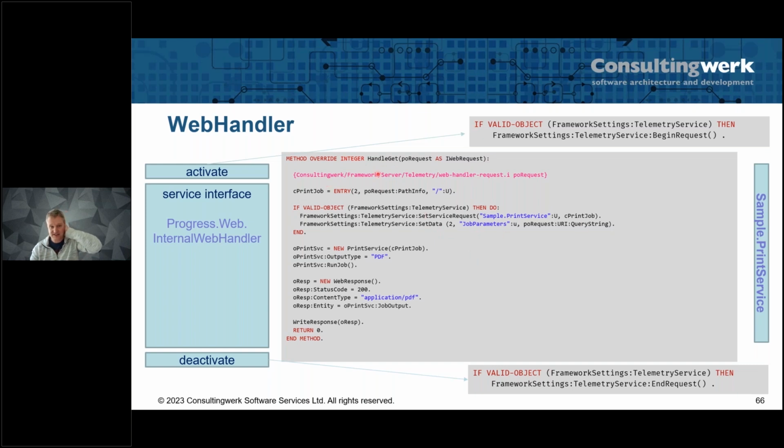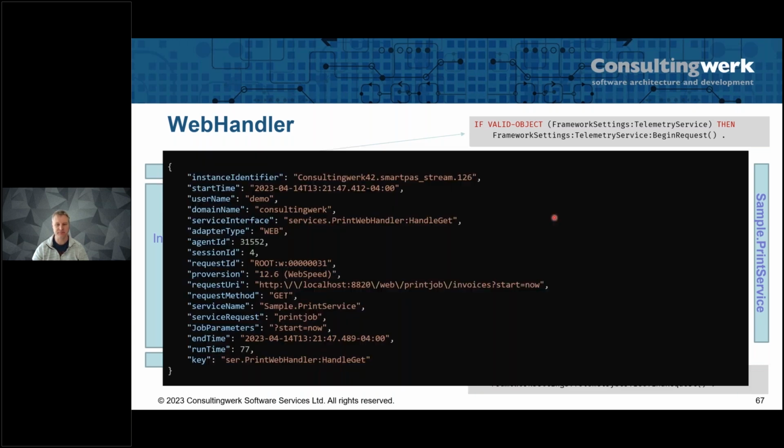Service request is, we should have shown the URL, we're going to do a print of some description. And so we have some job parameters, we have the print service and the print job. So it might be /print/ today's orders. That's going to be our print job. And again, we can write that stuff into our telemetry. So again, same kind of data. Adapter is now web. Our service interface, we've said it doesn't help us to know that it was internal web router.